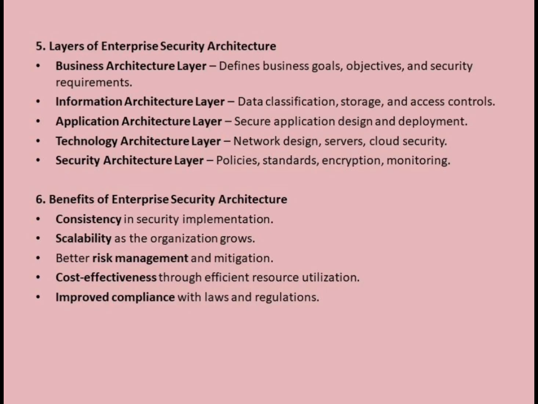The application architecture layer ensures that software applications are designed and deployed securely. This includes applying secure coding practices, authentication systems, like login with multi-factor authentication, and regular testing to find vulnerabilities. For instance, an e-commerce application must protect customer login details and prevent issues like SQL injection attacks.